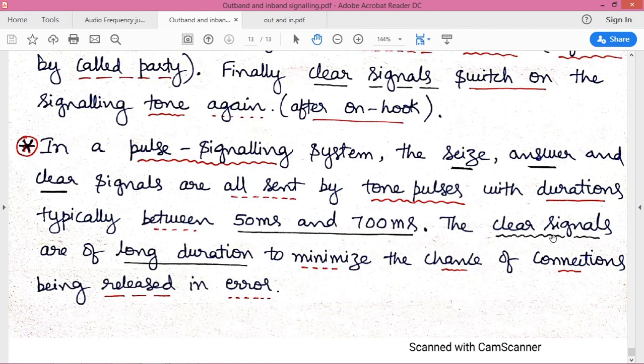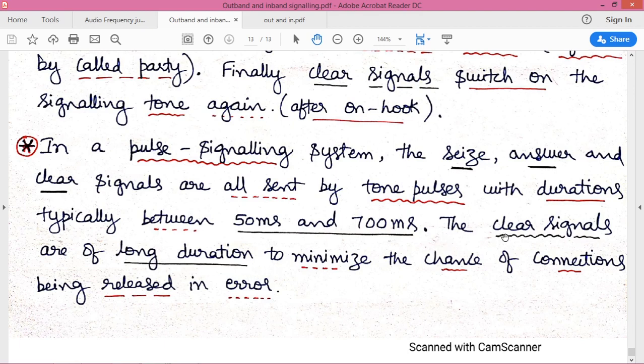With respect to clear signals, generally long duration pulses are preferred. We know the clear signal is used in order to disconnect the call, and this disconnection should not happen when speech or conversation is in progress. That's why, for transferring the clear signal, we make use of a pulse of longer and longer duration. If there exists a pulse of longer duration, in such a case the call will be terminated.